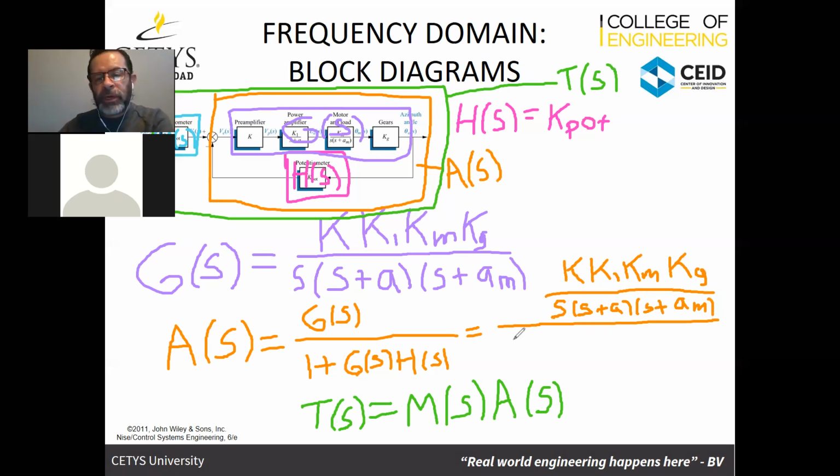And on the denominator, we're going to have 1 plus G of S times H of S. G of S is this big thing that we've got here, and H of S is K pot.